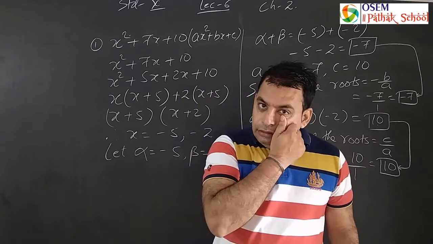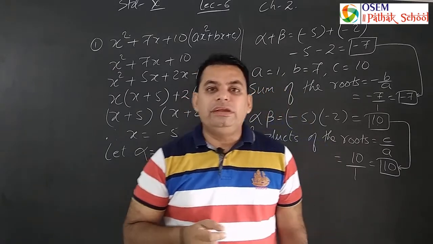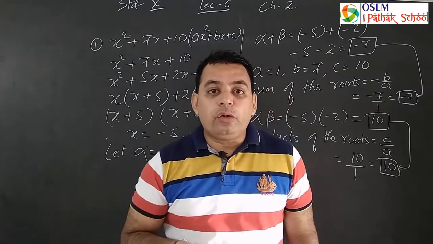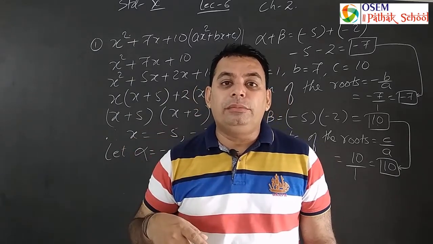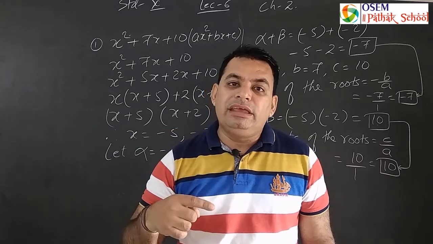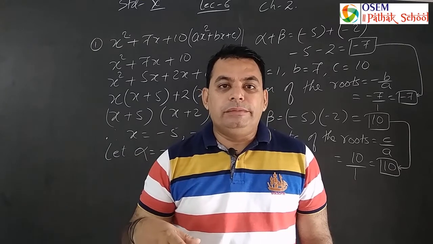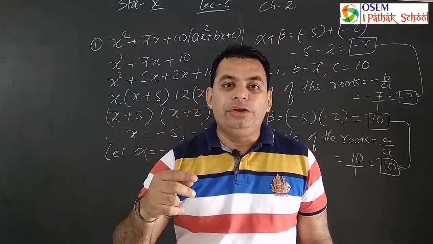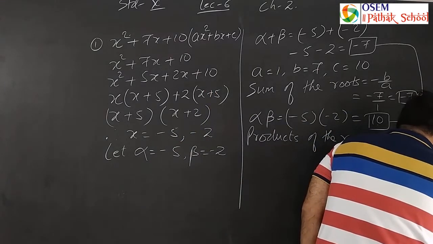Now dear, in the next question, question number 2 of exercise 2.2, you will be asked to find the quadratic polynomial when the sum and the product of the zeros are given to you. Means you will be given the sum and the product, and you have to form a quadratic polynomial.